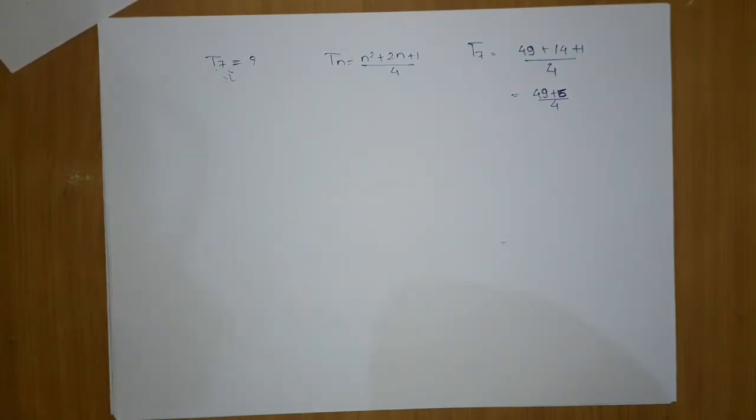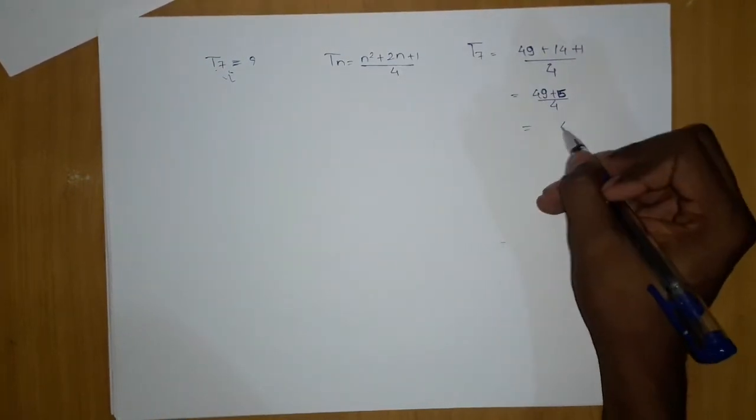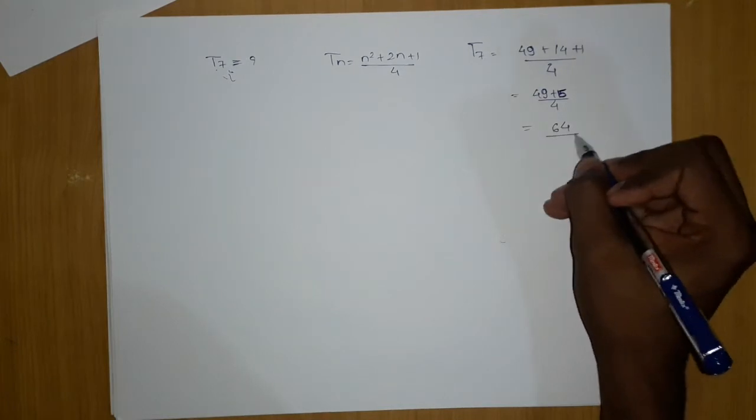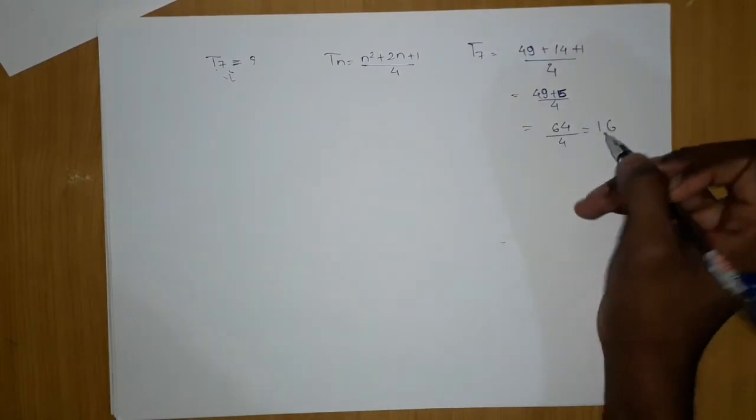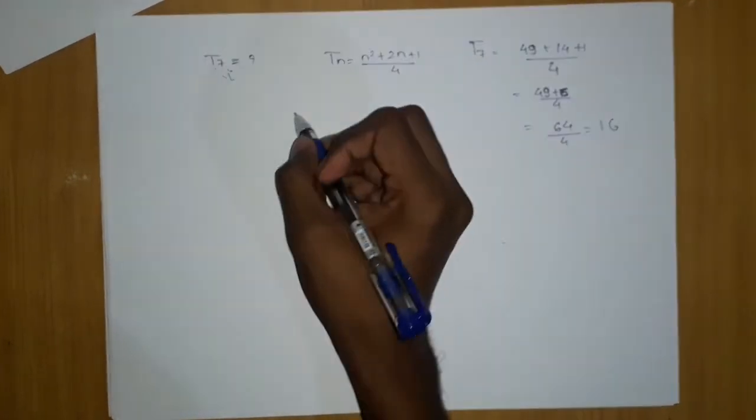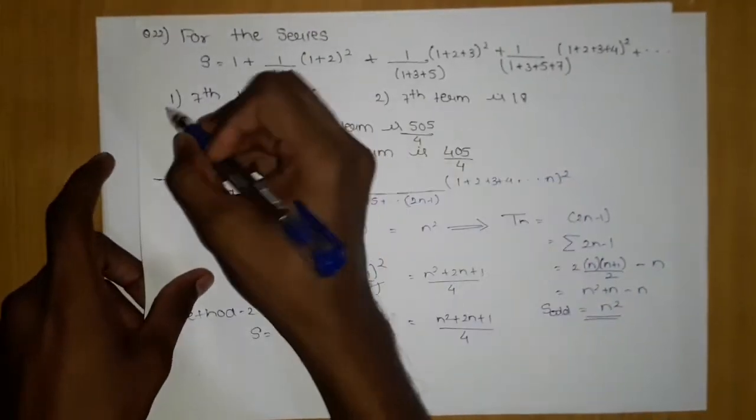I have to put the values. Let me check. If I add here, it will be 14 and this is 16. Okay, so my 7th term is 16. So the first option is correct.